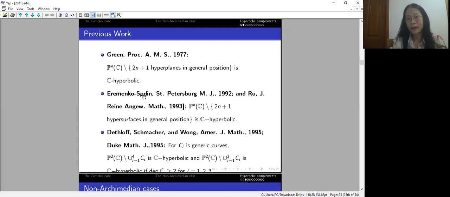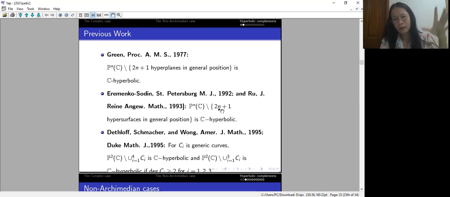And then Eremenko-Sodin, and independently Ru, also improved hyperplanes to hypersurfaces in general position. And here, omitting 2n plus 1 is enough. And after that, people tried to reduce the number here. They expect 2n plus 1 or even a little bit bigger.